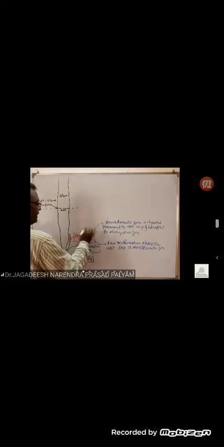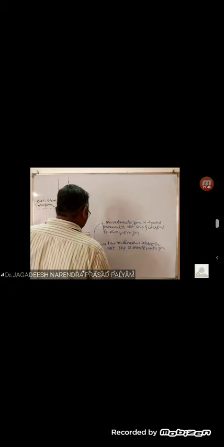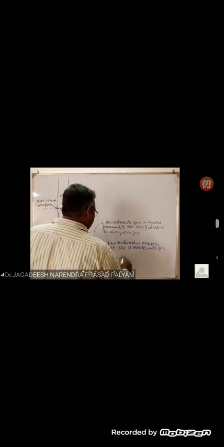So its location is proximal to root cap, distal to elongation zone. And another important thing, root cap is found distal to meristematic zone.